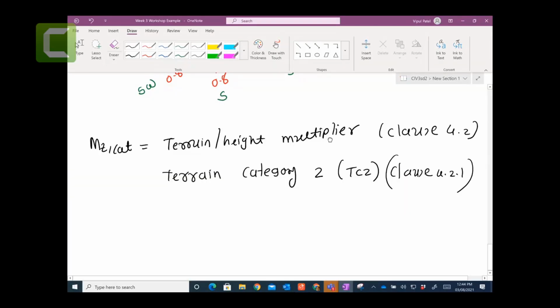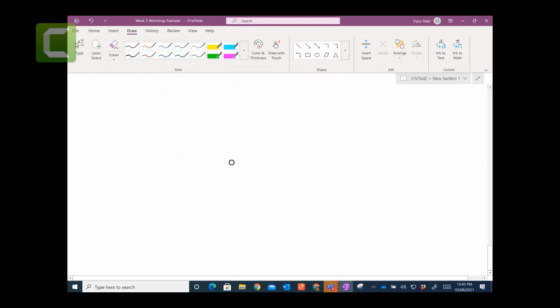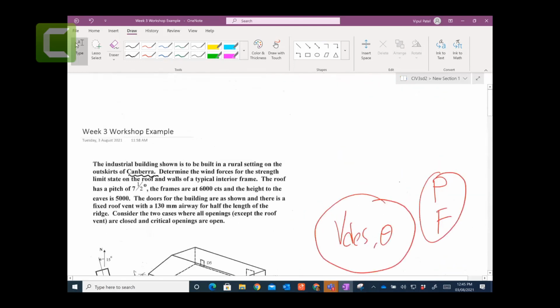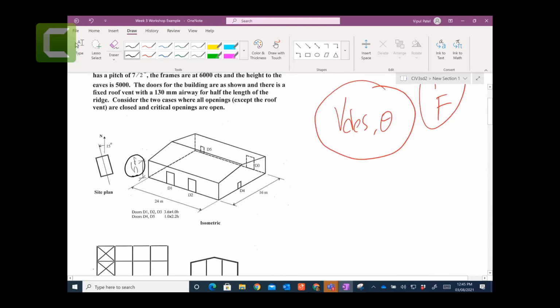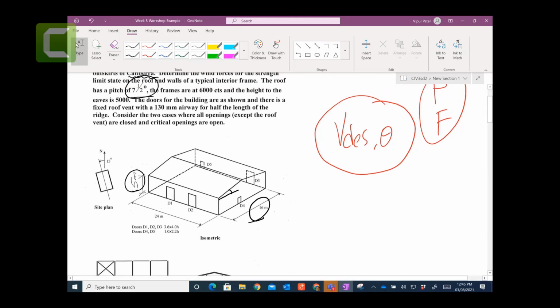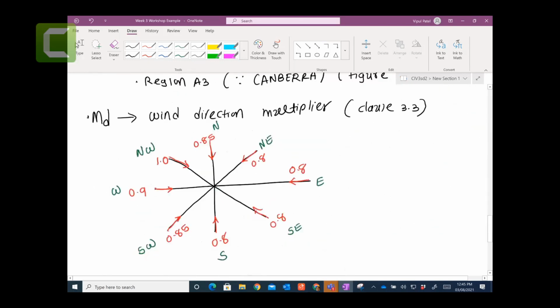Go on here. So let me draw up these little triangles here. If you go back to the question, it says that this one is 5 meters, this one is 16 meters, and this angle is given as 7.5. Right, so you have 3 numbers that you need to put.